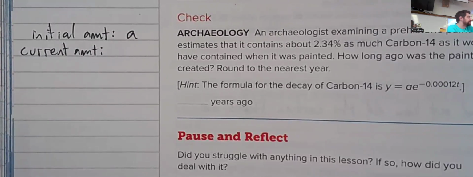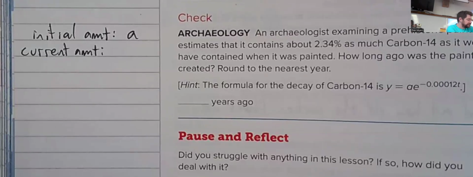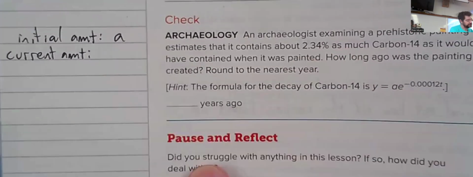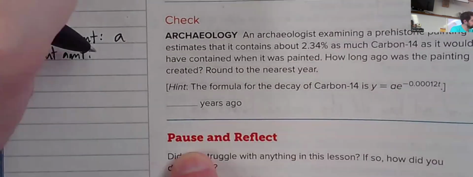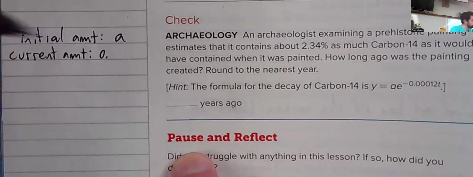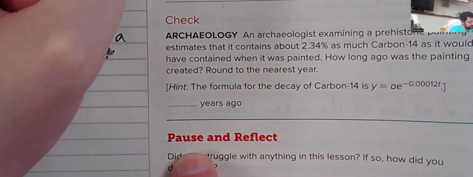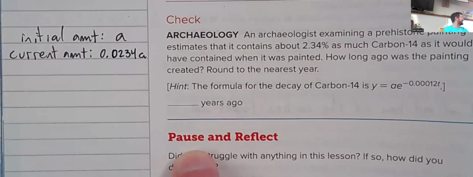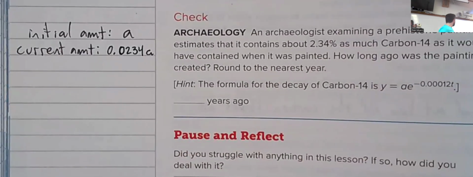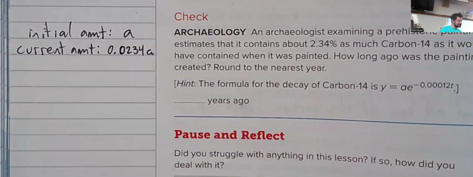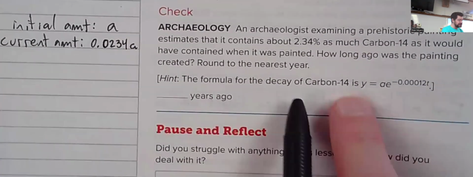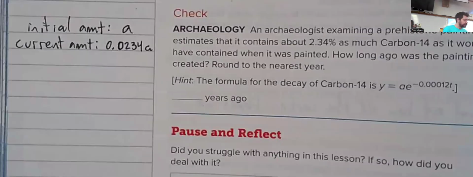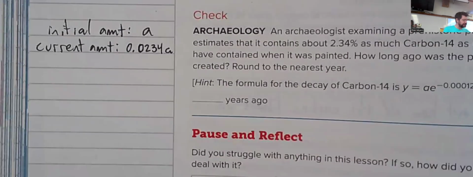How much is left? Okay, so what would that be in terms of A? So we've got our Y value here. We have our A value here. So let's just go ahead and drop those two things into this equation. And then it becomes the exact same thing as what we just did on the last page, which is great. Same formula. We're just plugging in different values for Y and A than we did on the previous page.